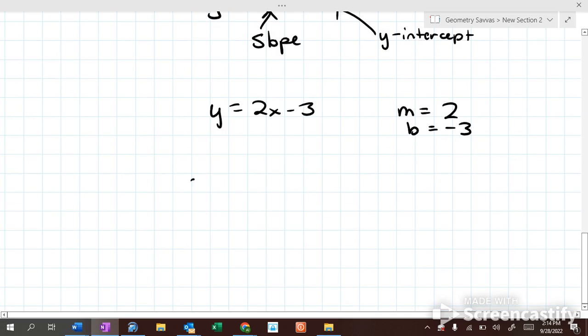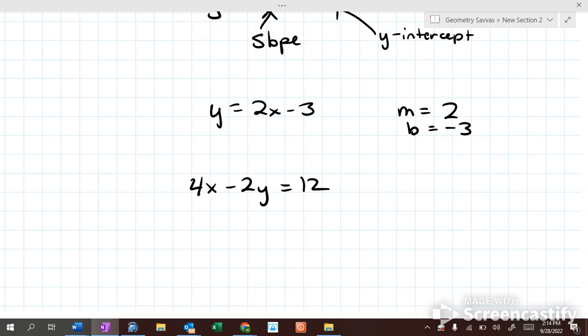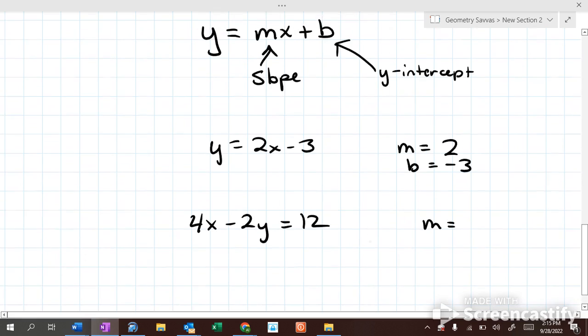If I had 4x minus 2y equals 12, what would my slope be? You're really close, Tucker, but not quite. To figure out your slope, you need to get it in slope-intercept form.